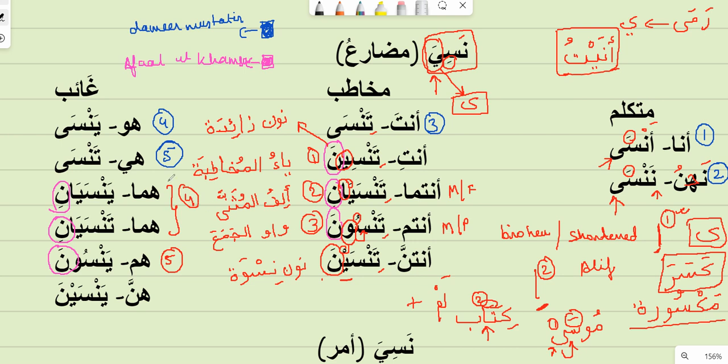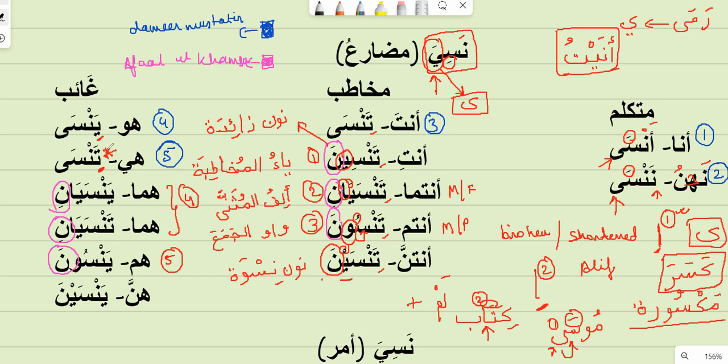Now, when we come to ghayab, we have a damir mustatir here. The ya shows the ghayab form. But what is the exception here? In ghayab hiya, you can see the ta, because this ta shows the femininity. Whenever in a sentence this is used for male, there will be something before or after, a name of a male will be mentioned, so that you can make out that this verb has come for male.